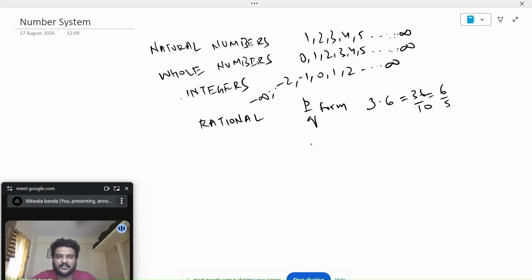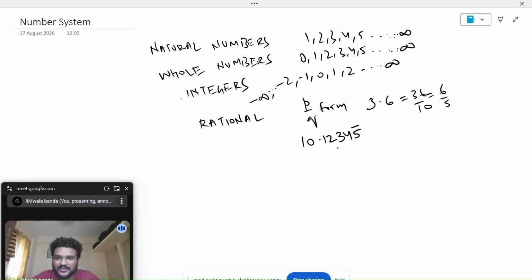Or let's say we have a number 10.12345 and so on, and let's say it keeps on repeating after 5. So this is the way to express 5 bar. It basically means 10.12345555 and so on. It will never end, right?